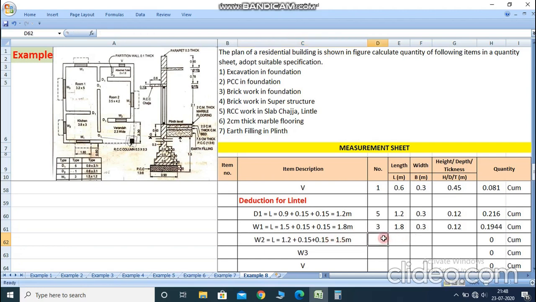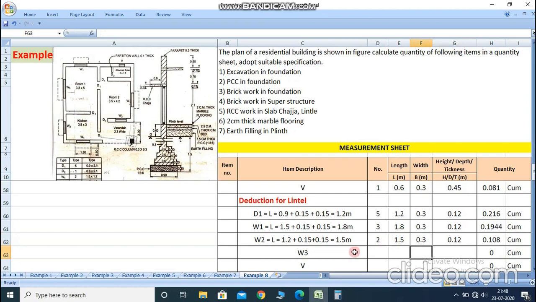Here the total number of window 2 is 2 numbers. So W2 is here and here, so we put number 2. The length is 1.5 meter, width is 0.3, and thickness is 0.12.